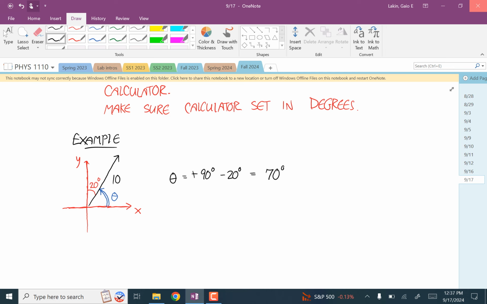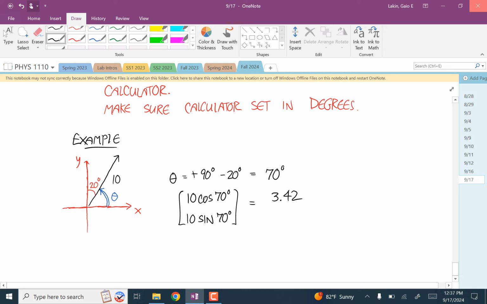So now to get the vector components, we're going to go 10 times the cosine of 70 degrees for x, and then 10 times the sine of 70 degrees for y. And that is 3.42, 9.40.